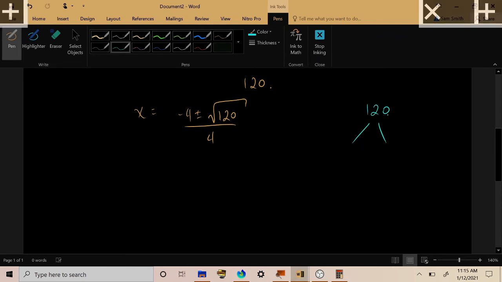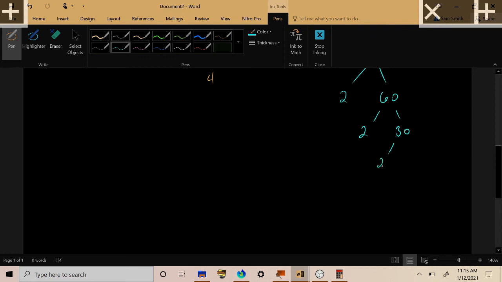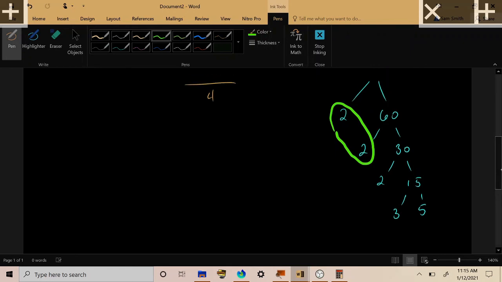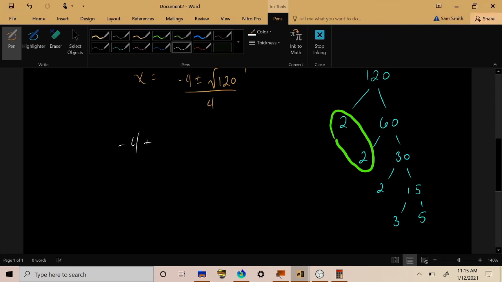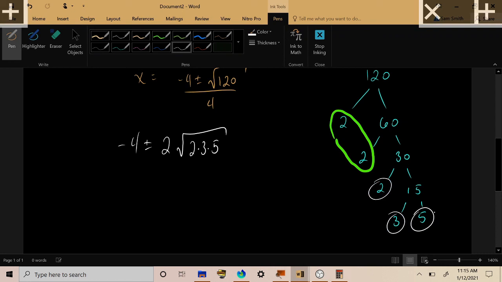Let's see, 120, 2 goes into that, leaving 60. 2 goes into that, leaving 30. 2 goes into that, leaving 15, and that's 3 and 5. So the only pair of common factors is a pair of 2's, and no other factors here can find a partner. So the square root of 120, if I bring out that pair of 2's, turns into 2 on the outside, and then 2 times 3 times 5, the leftover singles, on the inside.